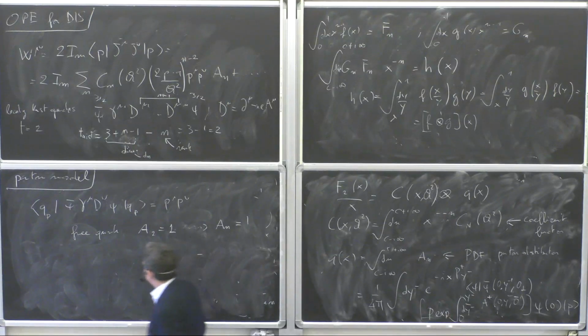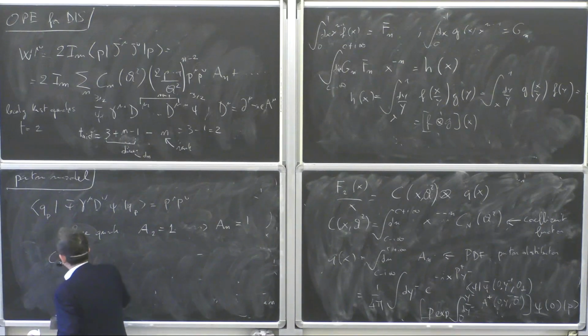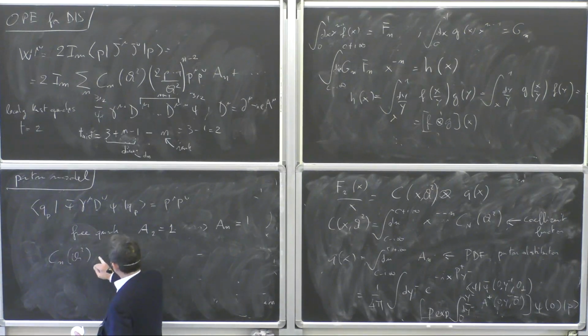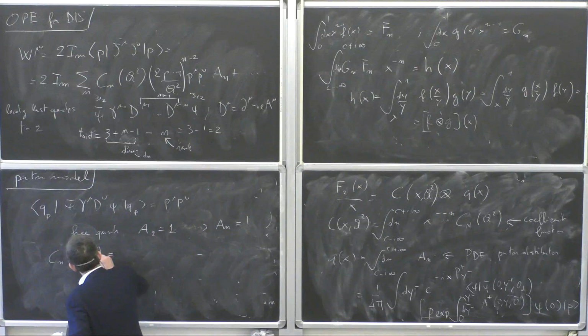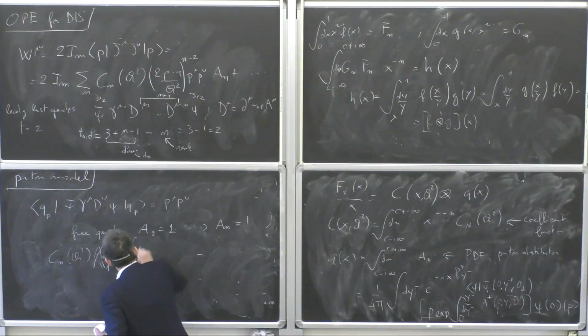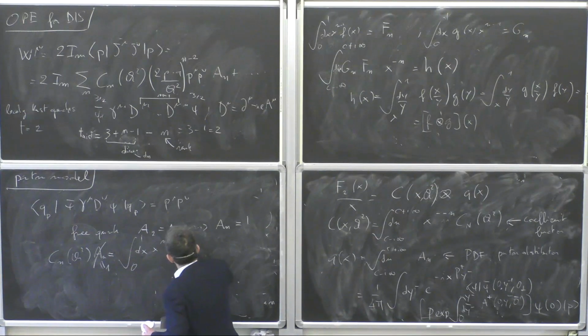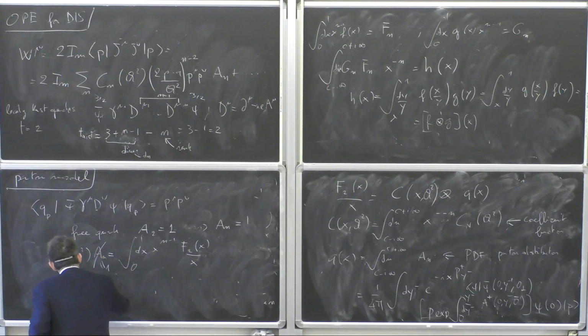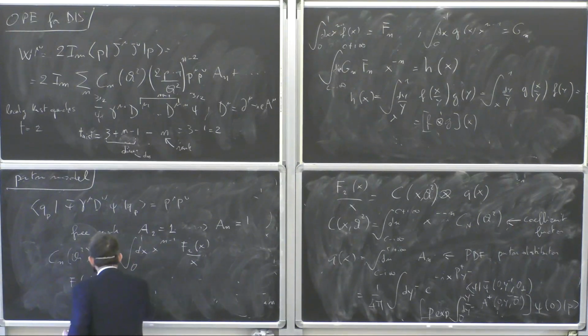Well, I get that Cn of Q square, which would be times AN, but AN is equal to 1, is the nth moment, x to the n minus 1, of f2 of x over x. Or otherwise stated, f2 of x over x is the coefficient function c of x and Q square.